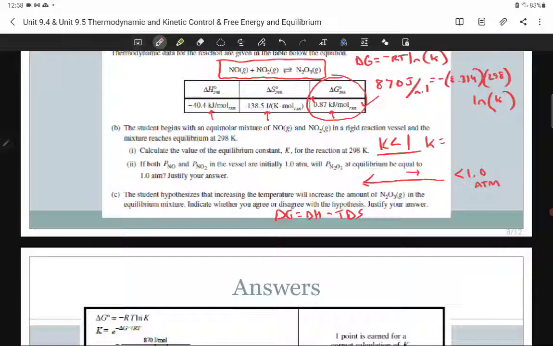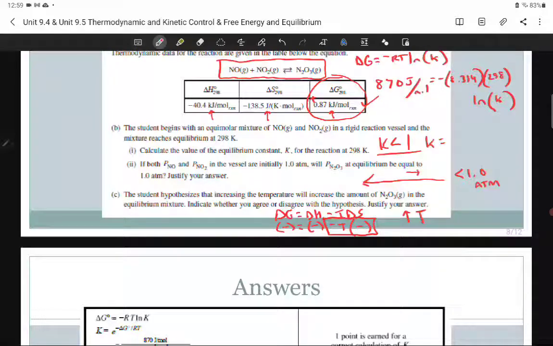The student is saying that if you increase the temperature, you can make this reaction occur. So they want this to become negative. The delta G is still going to be negative. And we have a negative here for delta S. So if you did increase the temperature, that's going to make this part become a larger digit, and it's a negative times a negative.